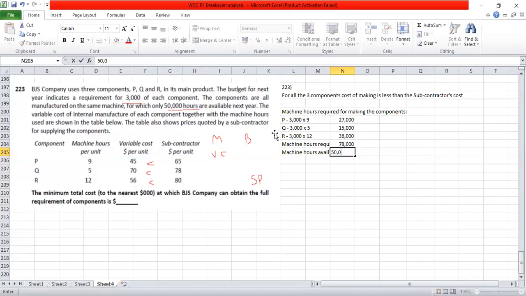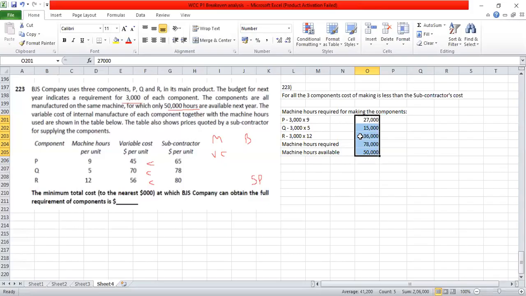On account of this, a decision would be to outsource some of the components. But which one to outsource? That is the criteria to be looked into.